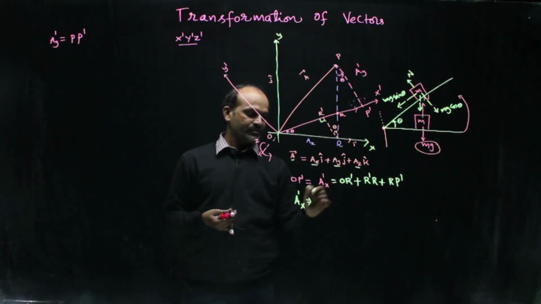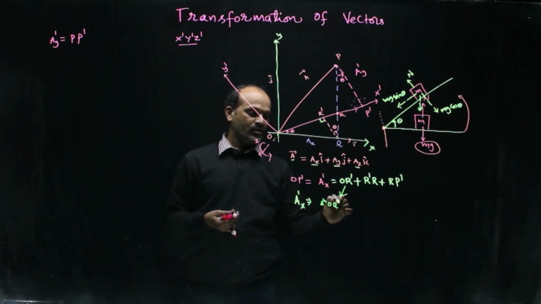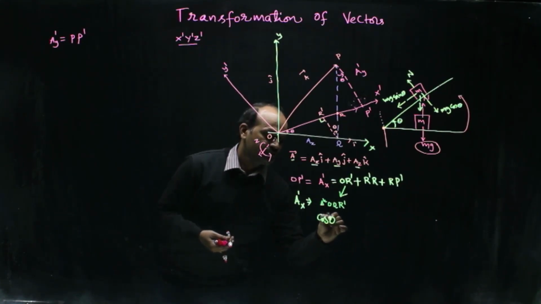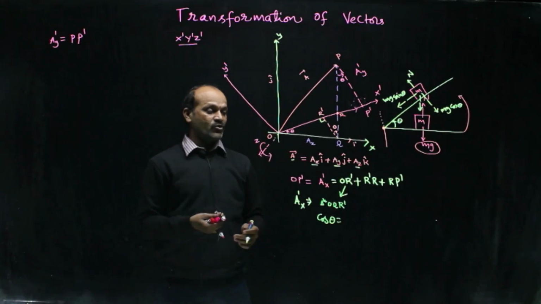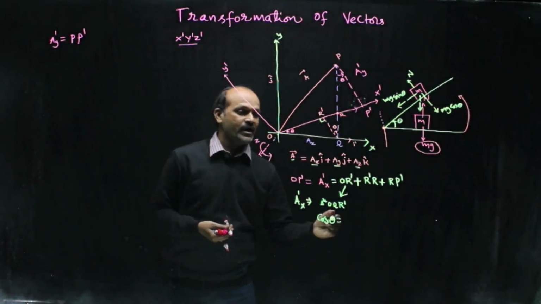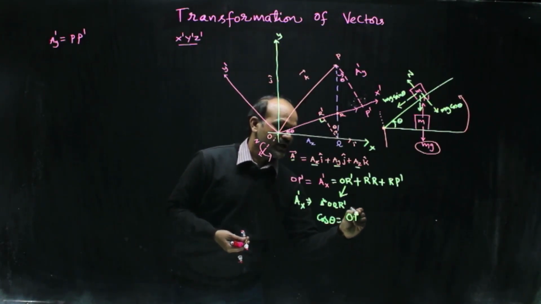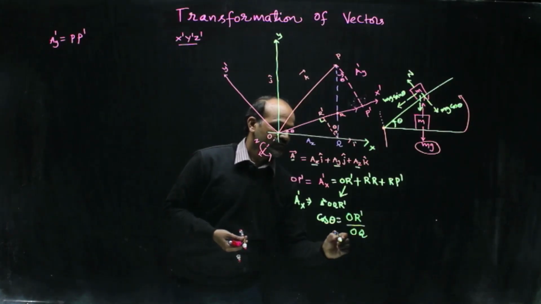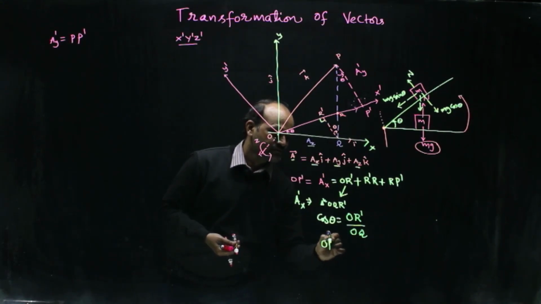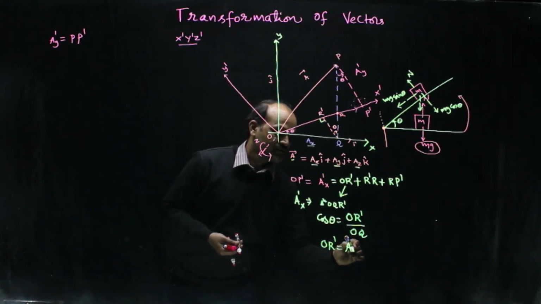So from triangle OQR dash, take cos theta, because OR dash is the adjacent side, adjacent side by hypotenuse, that is OR dash by OQ. We know OQ. What is OQ? Ax. So OR dash now becomes Ax cos theta.